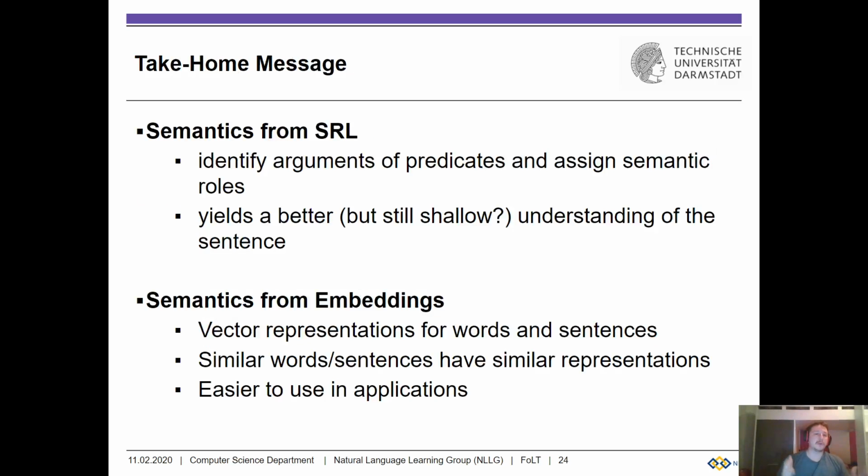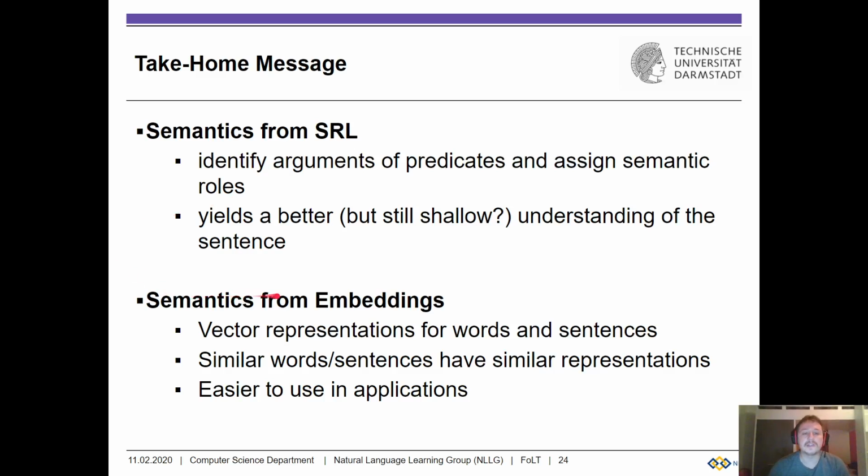So as a take-home message, we have seen two approaches to semantics. The one was based on semantic role labeling, where we identify the arguments of predicates and assign semantic roles to them. This definitely is a form of semantic interpretation of a sentence. And arguably it yields a good but maybe in a sense shallow understanding of a sentence, but still better than, let's say, a purely syntactic representation of the sentence.